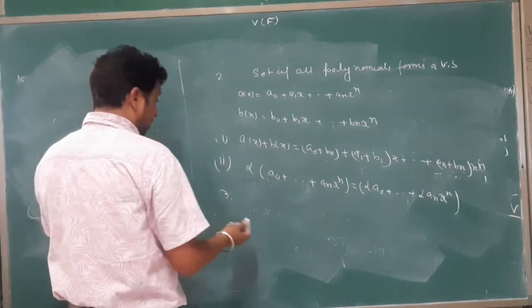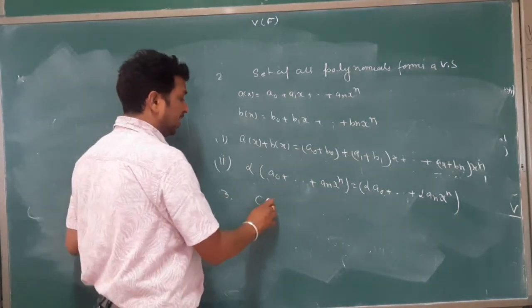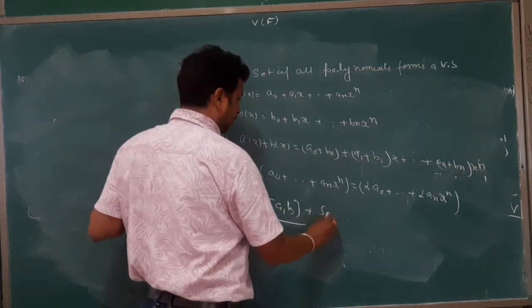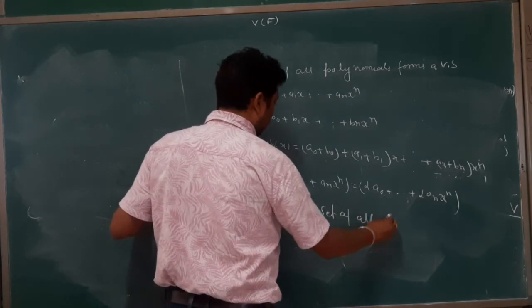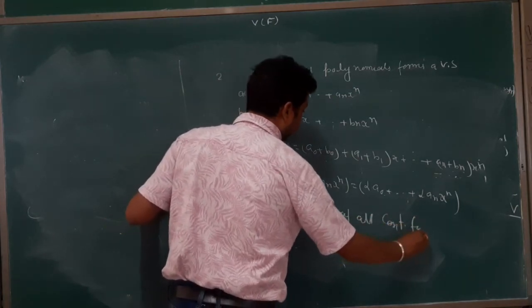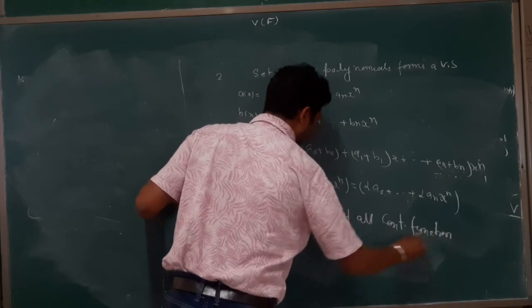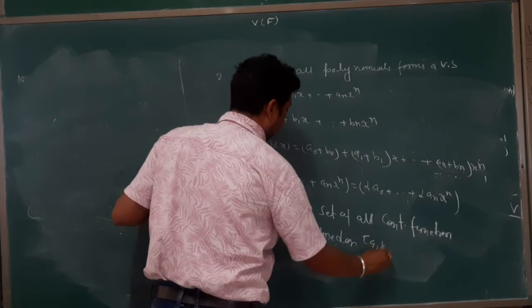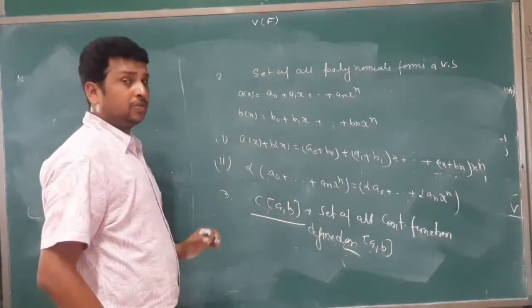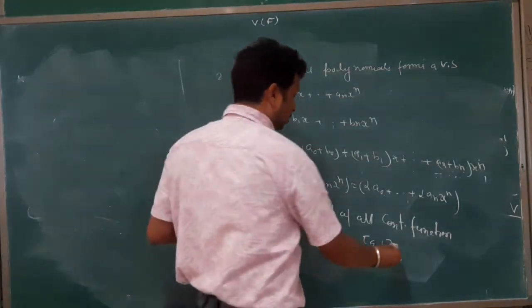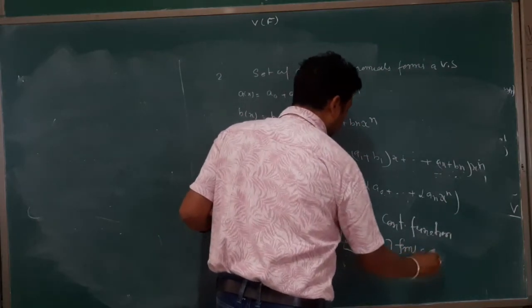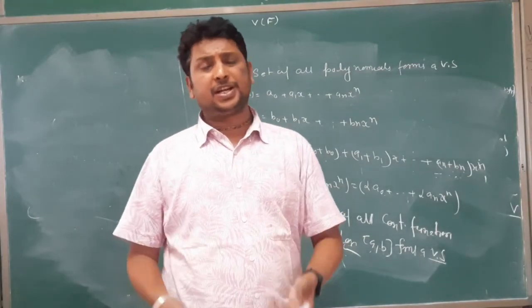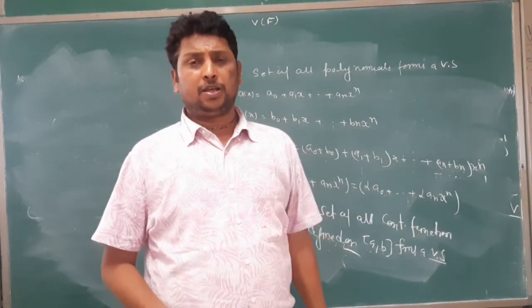Second, the set of all continuous functions defined on the closed interval [a, b]. C[a, b] means the set of all continuous functions defined on the closed interval [a, b], and it forms a vector space with respect to addition of two continuous functions, means how we add f(x) plus g(x), and scalar multiplication.